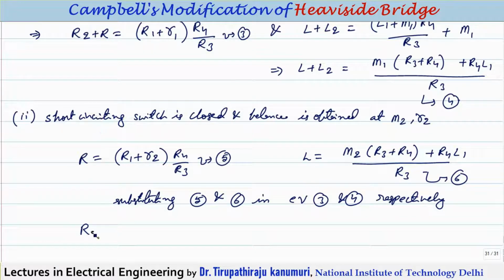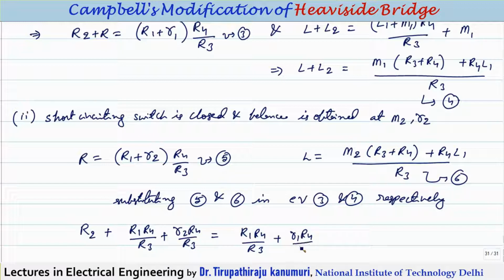So we can tell that R2 plus R means this will be R1 R4 by R3 plus R2 R4 by R3, equal to R1 R4 by R3 plus R1 R4 by R3. So equation number 3 is becoming like this. Or from this I can simplify. R1 R4 by R3 is common on both sides, so this will cancel out. From this we can calculate the value of R2.